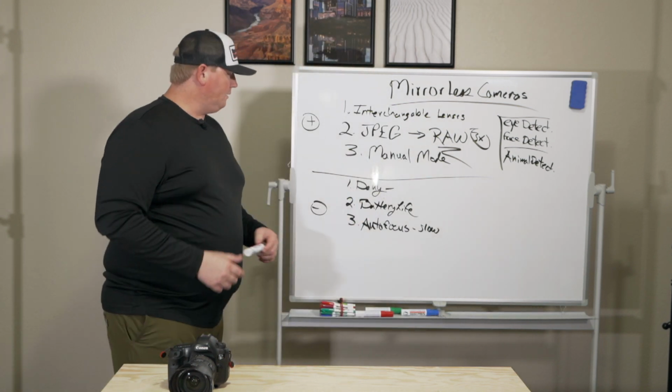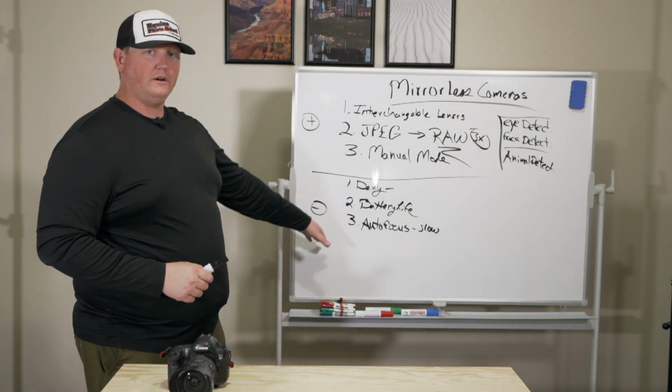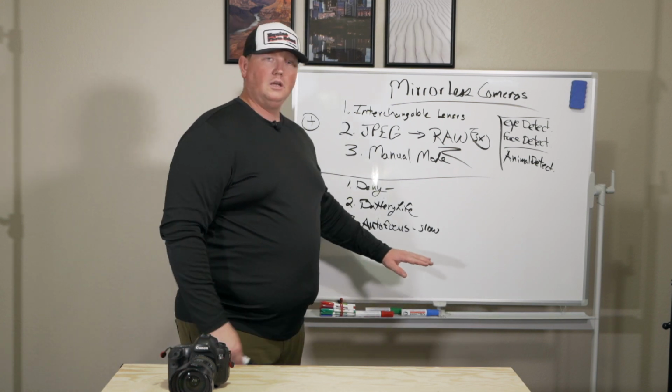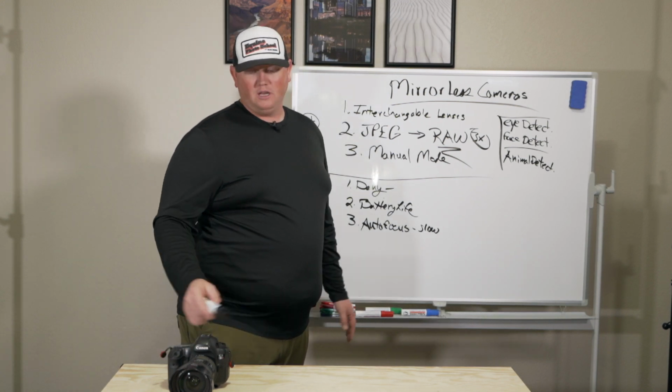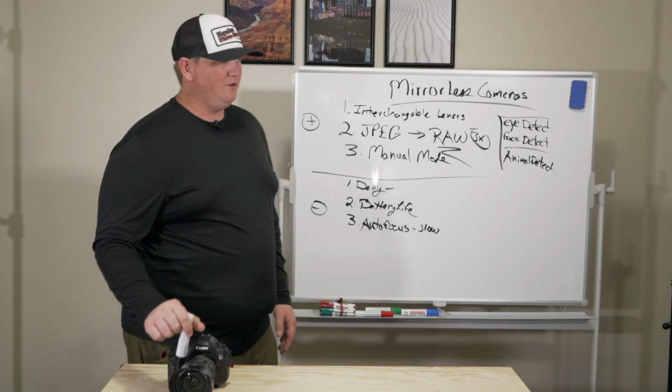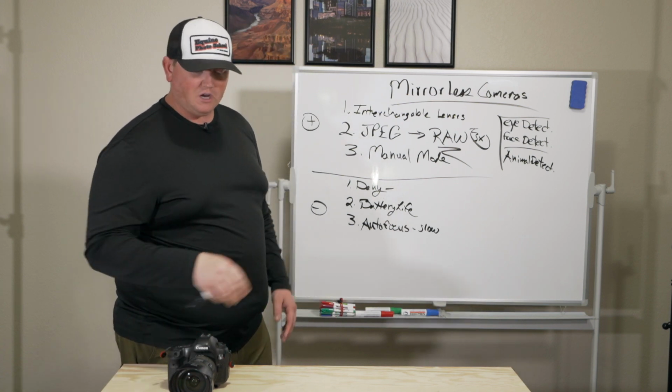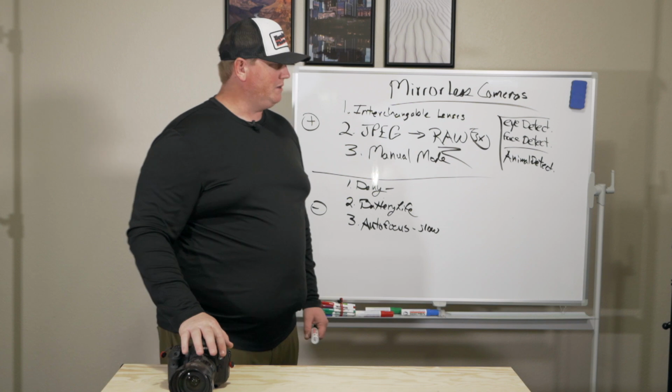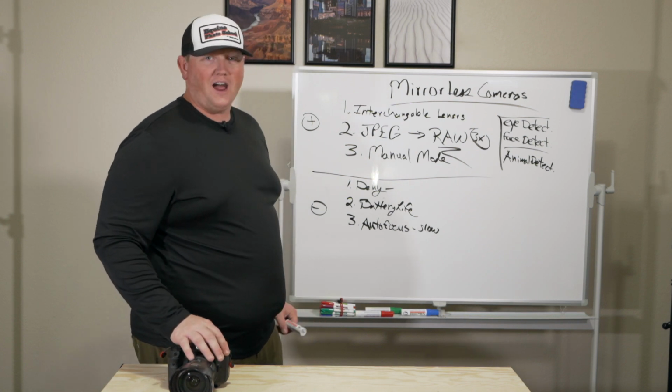I just find that mirrorless cameras lag a little bit there, but this technology is catching up fast. So these DSLR guys, if you've been shooting with a DSLR for any period of time, we're going to talk about this in a second, but they're on their way out. Spoiler alert.